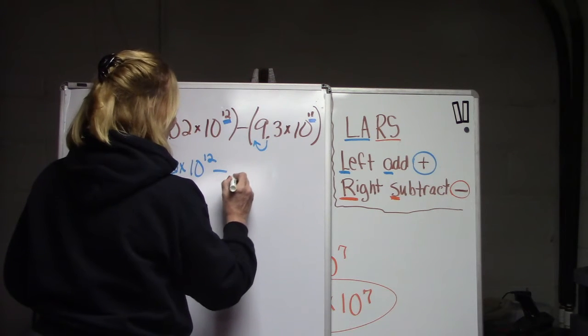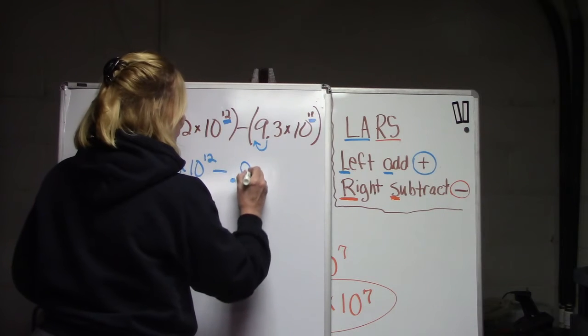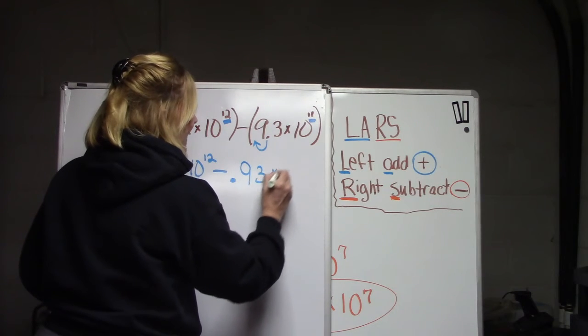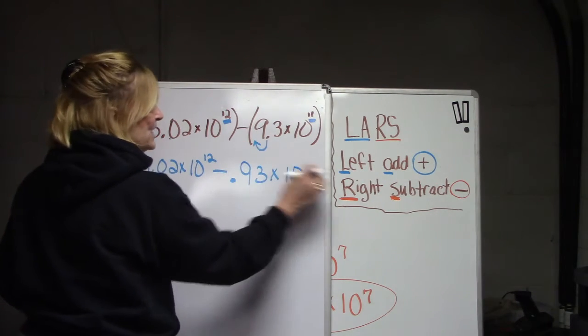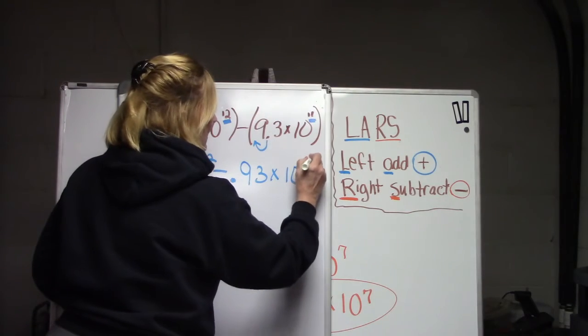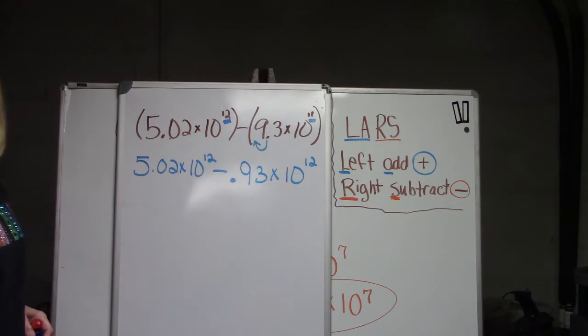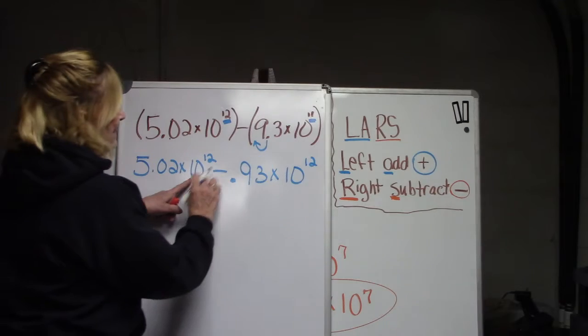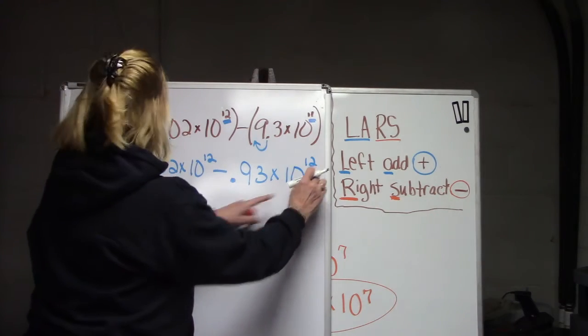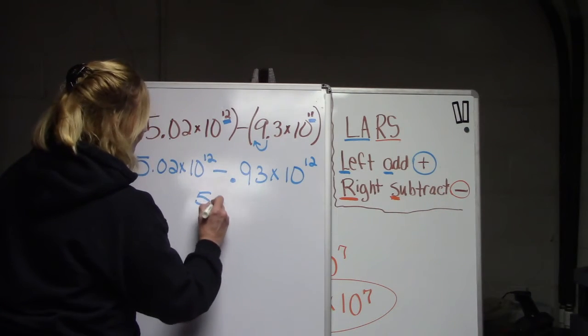And so it will be minus 0.93 times 10. I move my decimal point to the left, so I get to add 1 to my exponent.